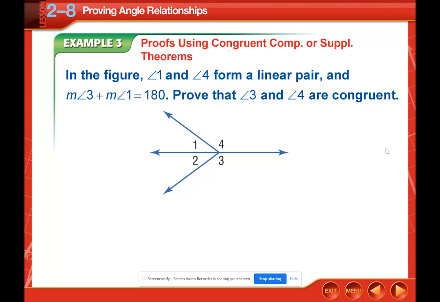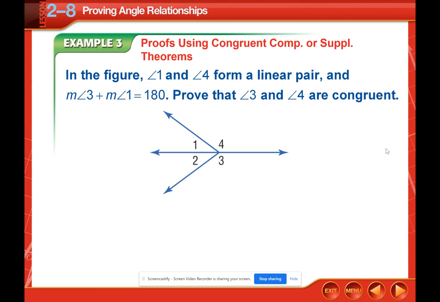Okay, here's another proof using congruent complementary or supplementary theorems. Here in the figure, angle 1 and angle 4 form a linear pair. And we are also given that the measure of angle 3 and the measure of angle 1 will equal 180.